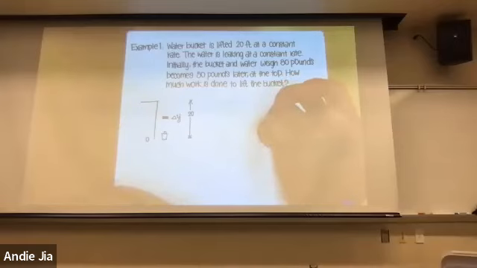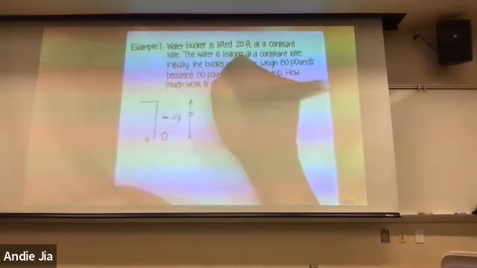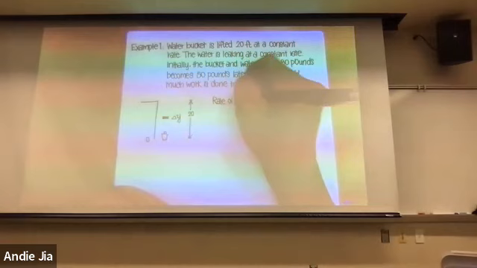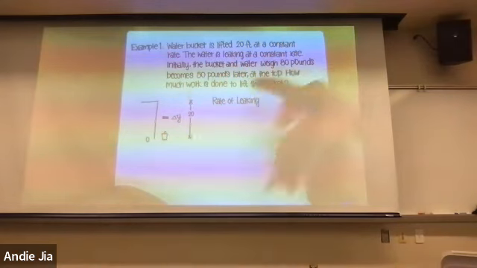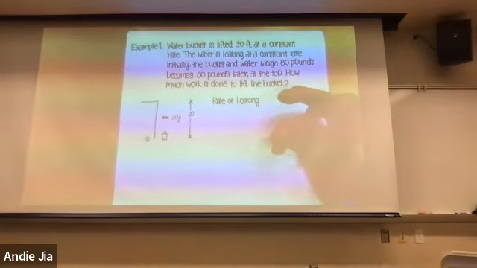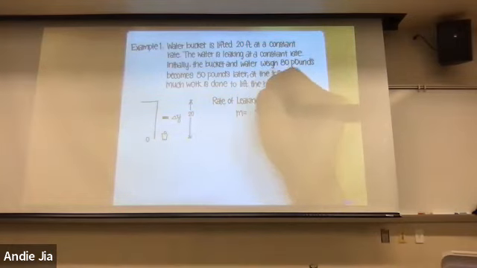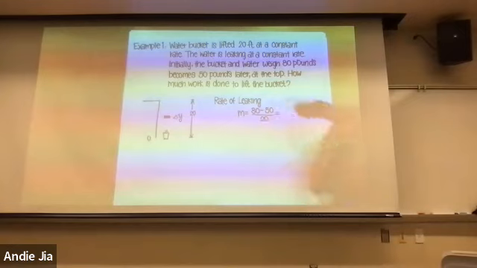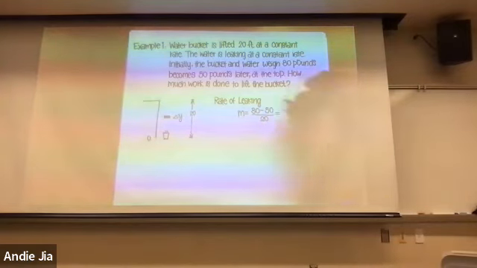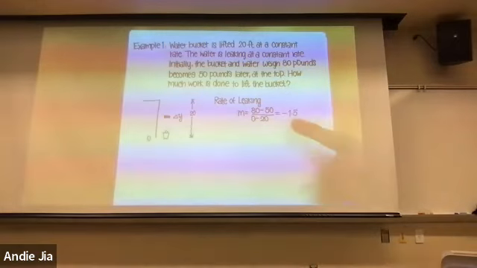So the rate of leaking is 80 minus 50 over 20 feet, which is 1.5, initially going to be negative 1.5. So this is like a slope.